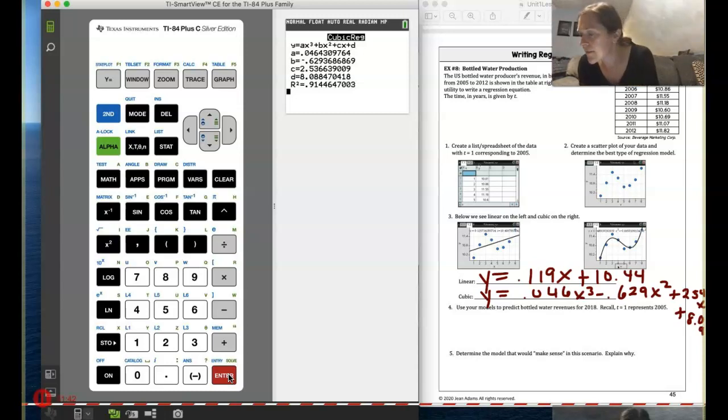Okay, again, a little different than hers, but not too far off. Maybe because she was using Inspire that it got really fancy. All right, so there's your cubic function, and there is your linear regression function.